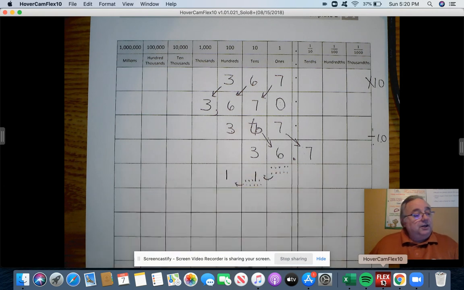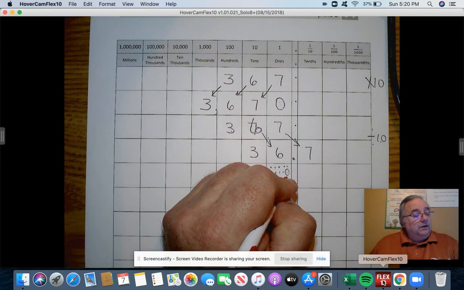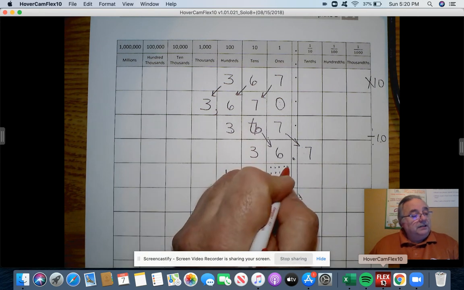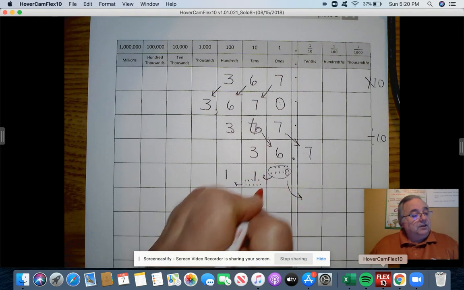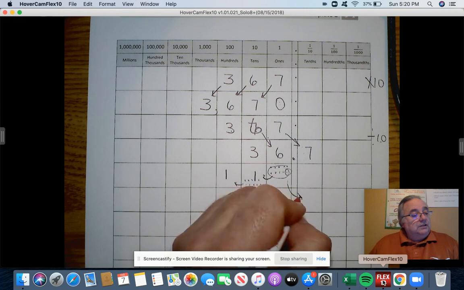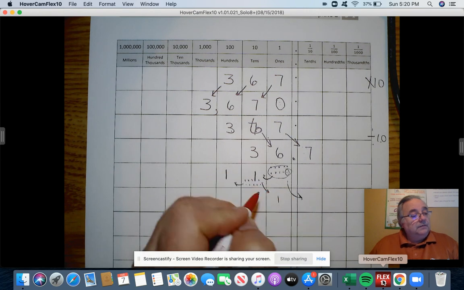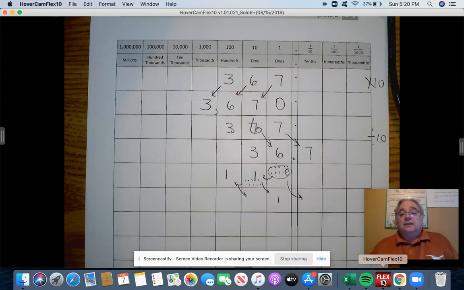So we're carrying it over. Now if we're taking it away, we're going to take 10 away, moving over into the tenths area. From the ones to the tenths, from the tenths they become 1. So it's going to be coming back down. So it works vice versa.